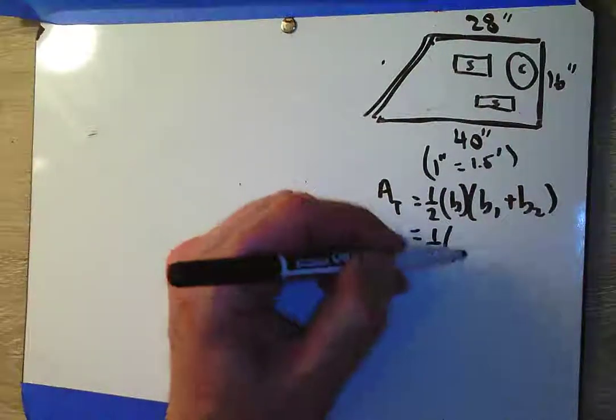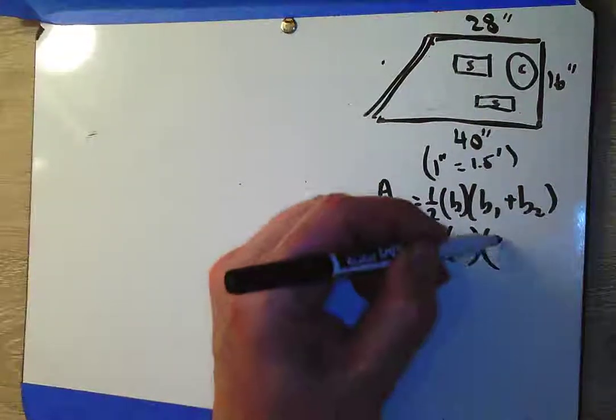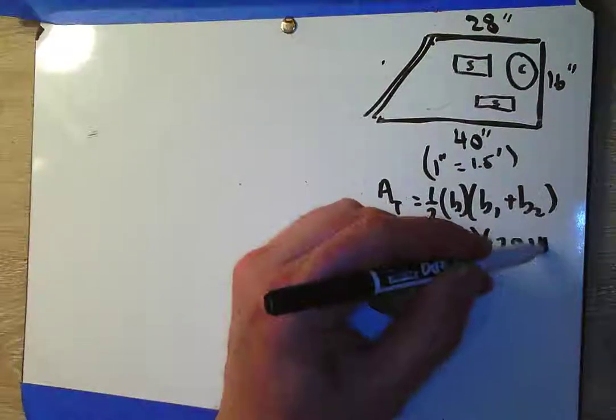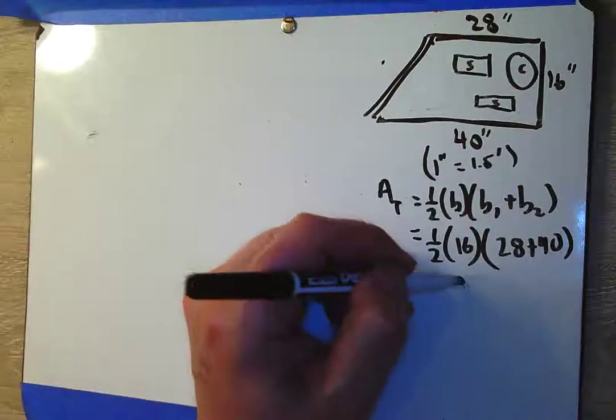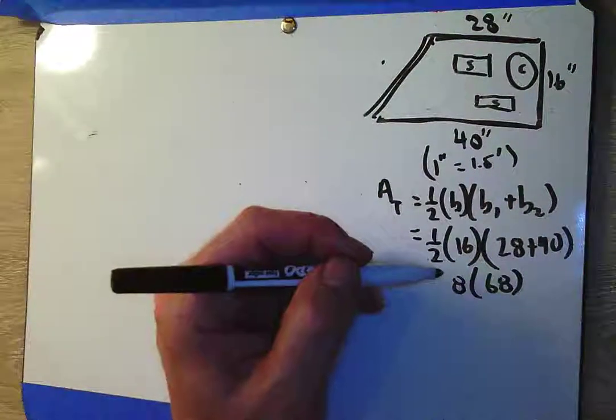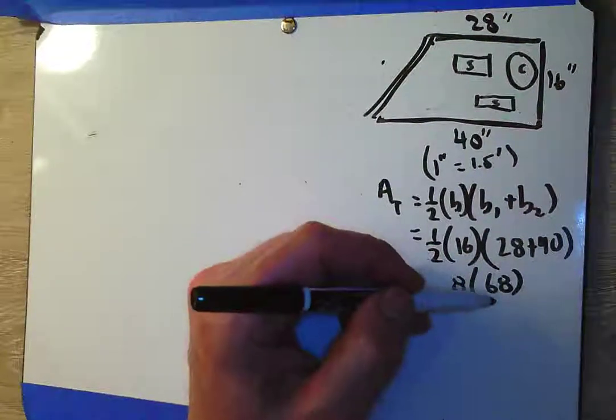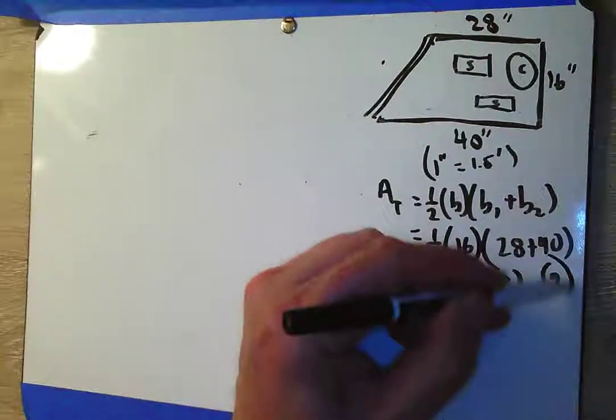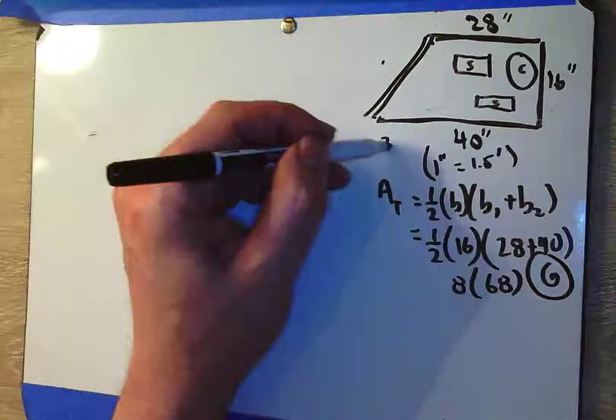So 1/2 16 times 28 plus 40. Well, that's going to be 8 times 68. And when I multiplied 8 times 68, I got 544, which is choice G. G for number 32.